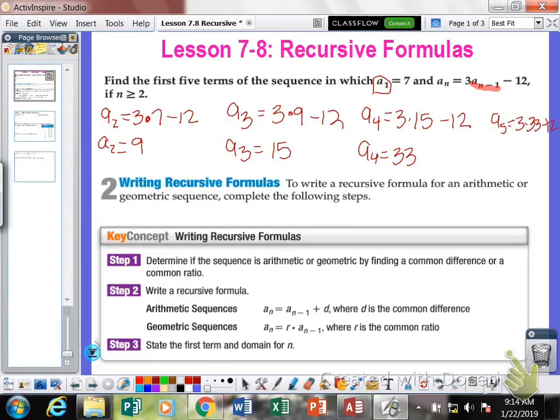So 3 times 33 is 99, 99 minus 12 is 87. So a sub 5, the 5th term, is equal to 87. So there we found the first 5 terms. Our first 5 terms are 7, 9, 15, 33, and then 87.